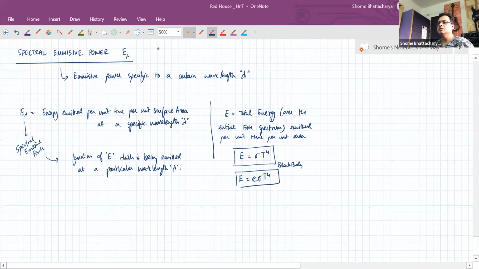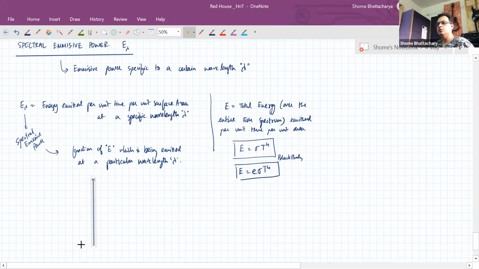So now the relationship between spectral emissive power and wavelength at any given temperature, that looks like this. If we draw the graph of the distribution of energy over different wavelengths in the EM spectrum, that will give us the pattern of the spectral emissive power, or the pattern of the distribution over the spectrum.